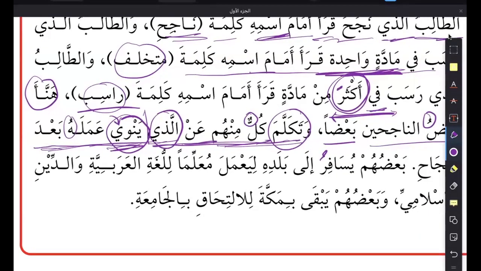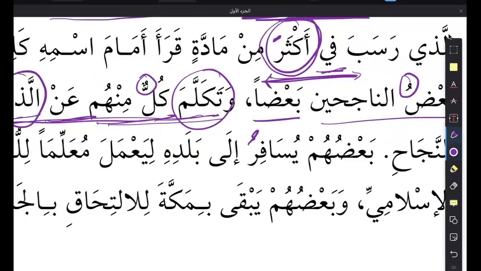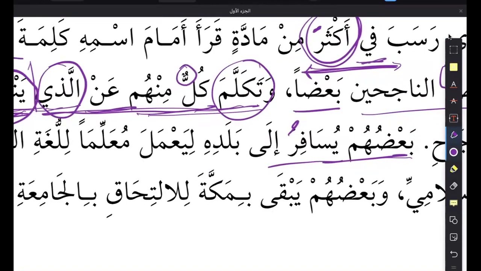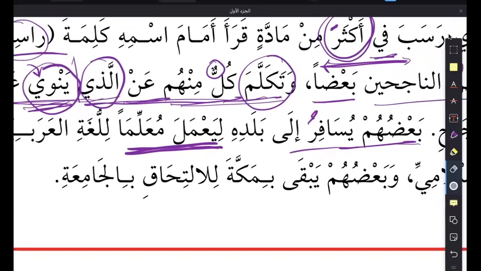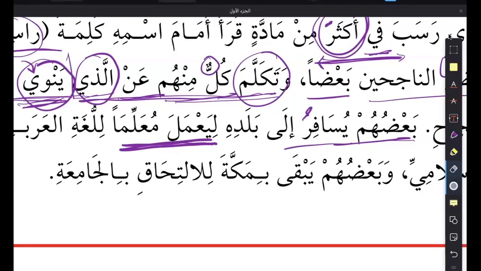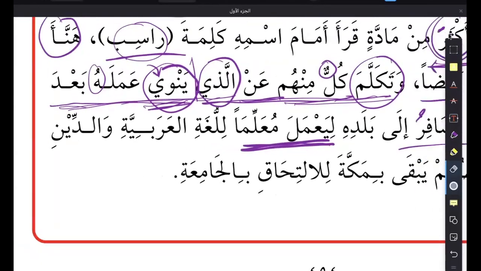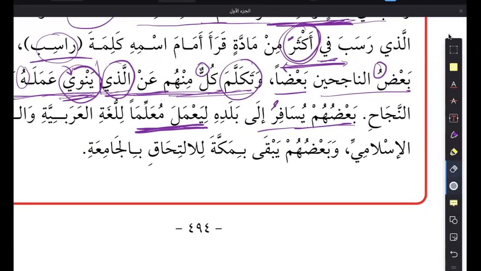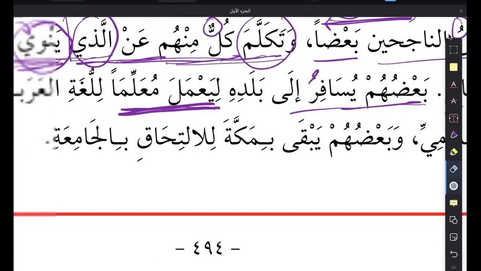Work here means what they want to do, what they intend to do after their success. بعضهم يسافر إلى بلده. Some of them will travel to his country ليعمل معلما, in order to work as a teacher للغة العربية ودين الإسلام, for the Arabic language and Islamic religion. وبعضهم يبقى بمكة للالتحاق بالجامعة.